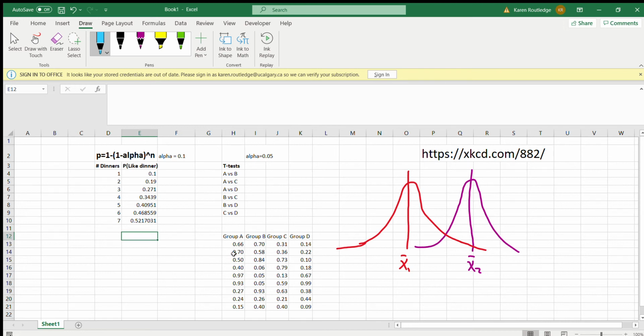And all t-tests compare the means of groups. So in t-test number 1, for instance, I might compare the mean of group A to the mean of group B. And ultimately, I'm asking the question whether or not the distribution of data from group A is different from the distribution of data in group B.